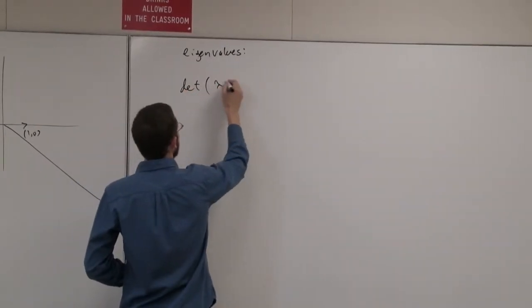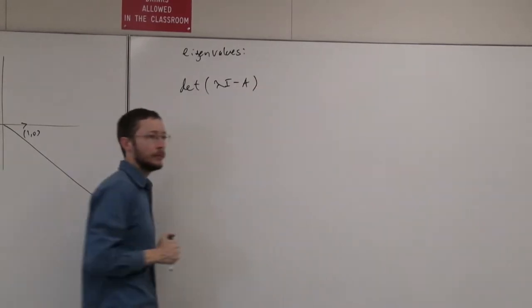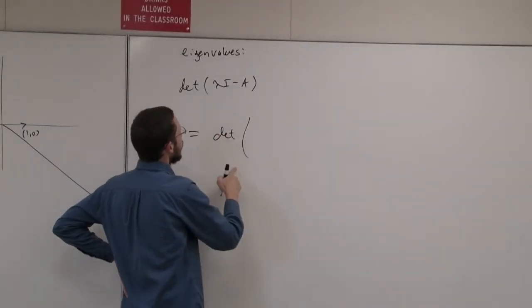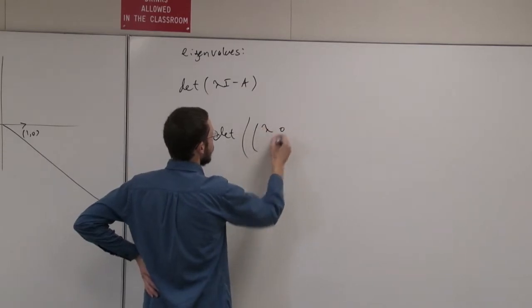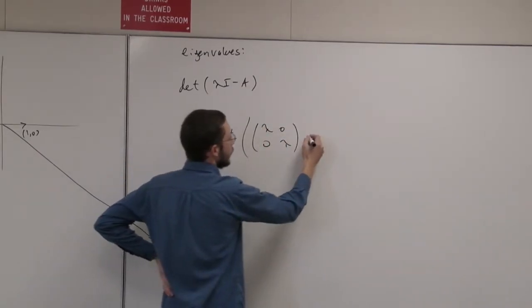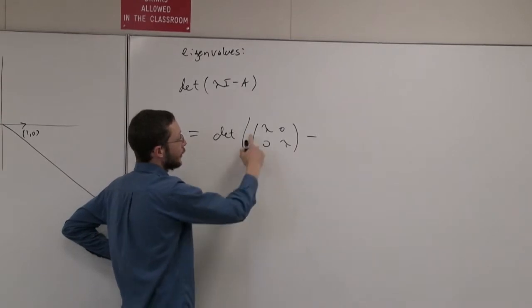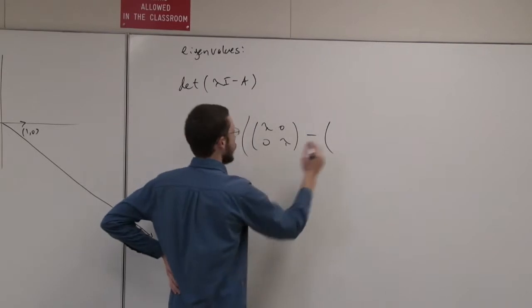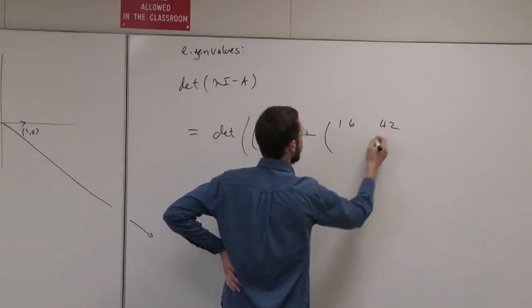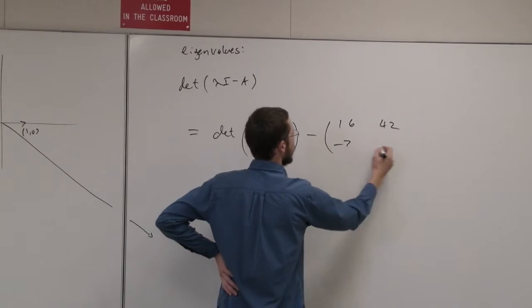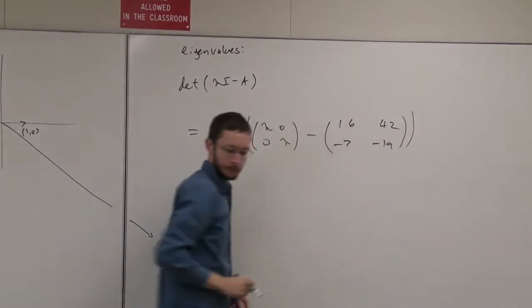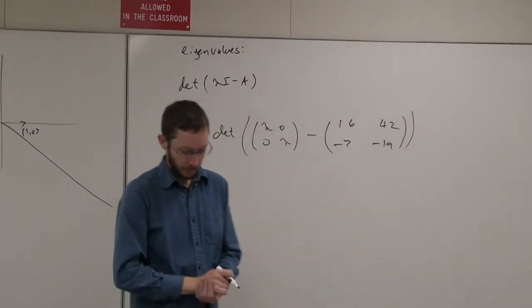On the left it just says take lambda I minus your transformation. And so lambda I is just going to be the identity with lambda instead of 1. And then minus A is going to be 16, 42, minus 7, make it minus 19, thanks.